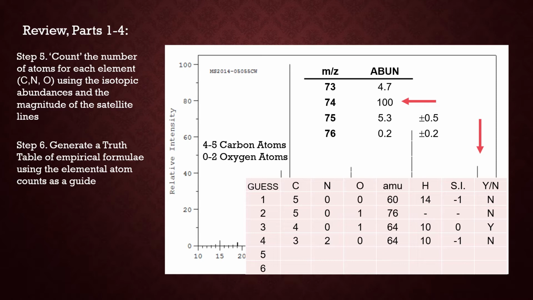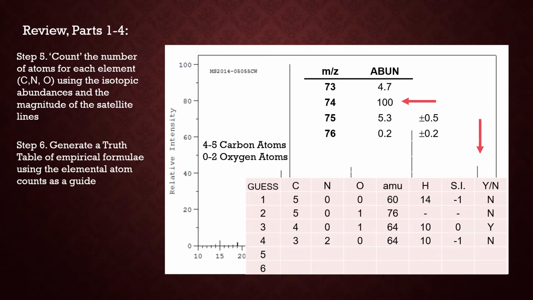Based on the estimates, namely 4 or 5 carbons and 0 to 2 oxygens, I set up a truth table, as I demonstrated in the last part, and start to systematically organize the possibilities based on the numerical estimates from the isotope lines. I try 5 carbons and wind up with something that doesn't work.